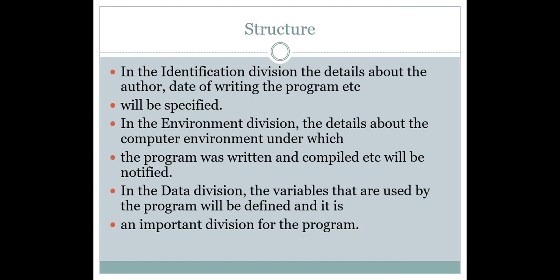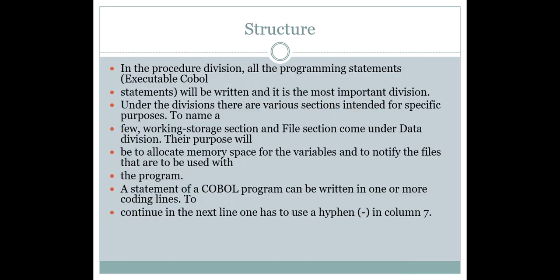The data division is one of the important divisions, which has the various identifiers that you are going to use within your program. The last division is the procedure division, which consists of programming statements, or executable statements, and it is the most important division. Under these divisions you have various sections for specific purposes.